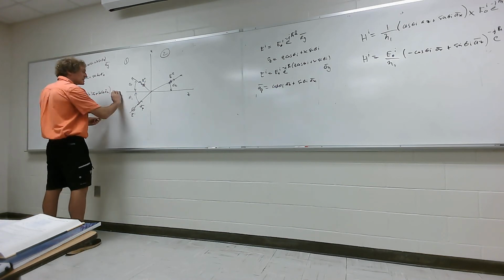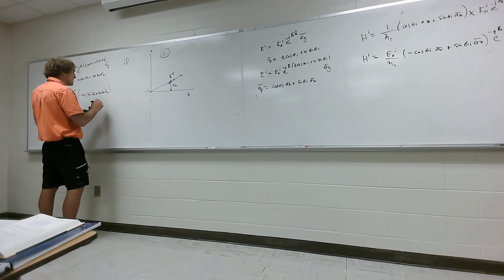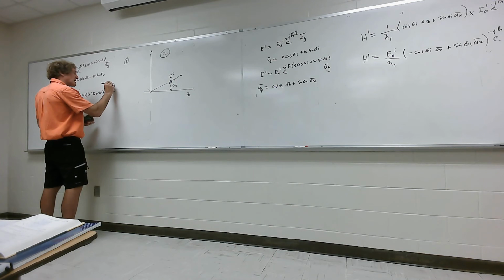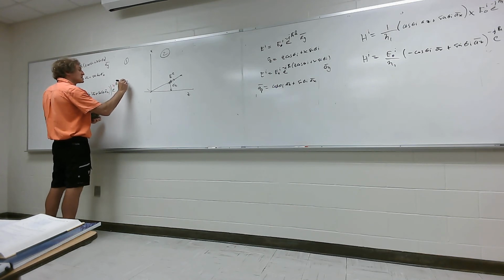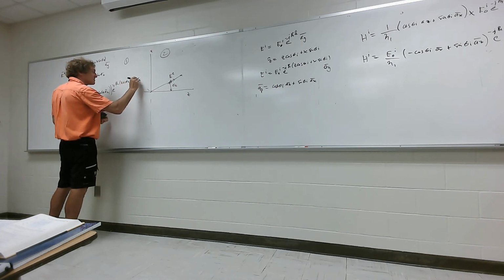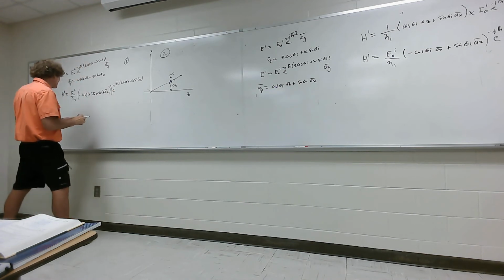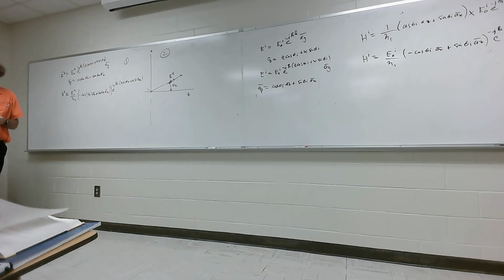Let me go ahead and erase some of this. Then it's times e to the minus j beta 2 times z cosine of theta transmitted plus x sine of theta transmitted. And it would be amps per meter. That's the transmitted H field.